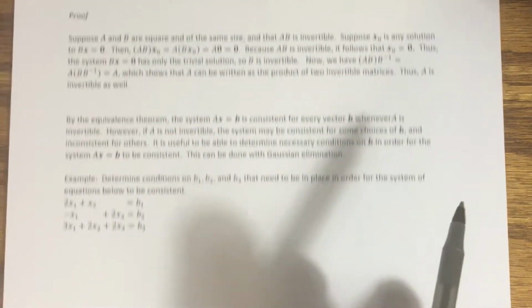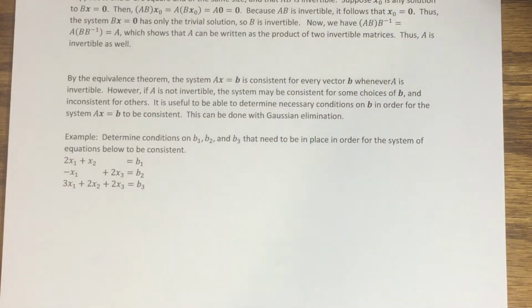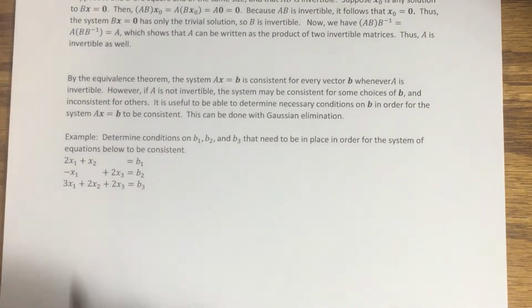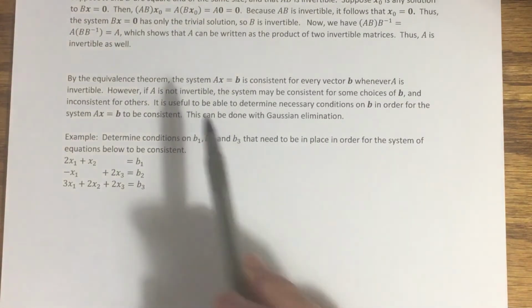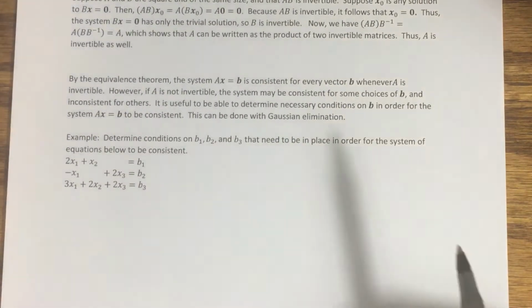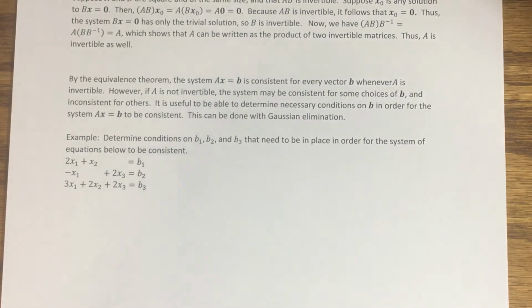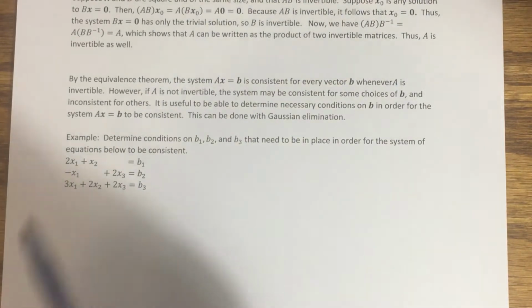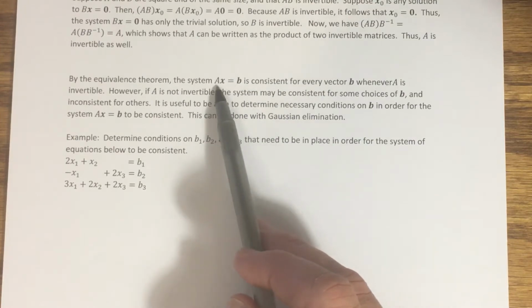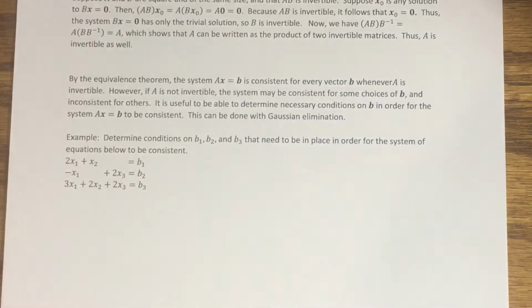Okay? All right, last thing we want to do is look at linear systems of this form, AX equals B, where A is not necessarily invertible. If A is invertible, this is essentially too easy, because according to our equivalence theorem, if A is invertible, then this has a unique solution, and it can be found by just doing A inverse times B. So we've dealt with that now.